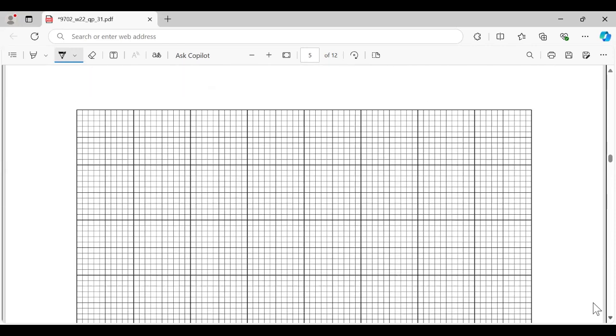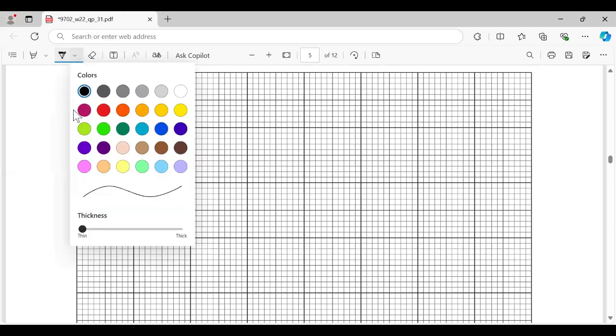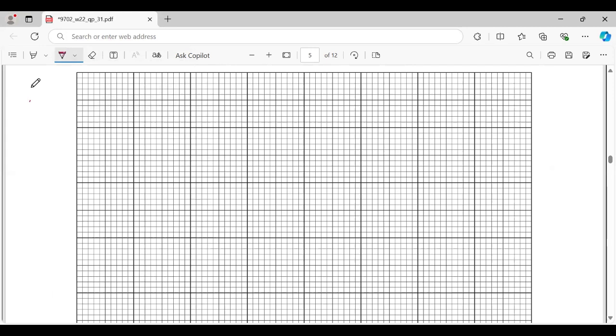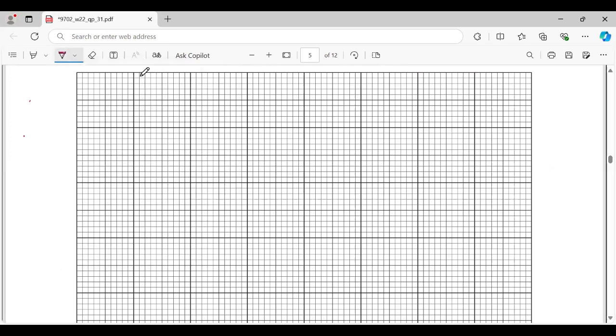Next, we're going to sketch. I'm going to use this part. Select this one.